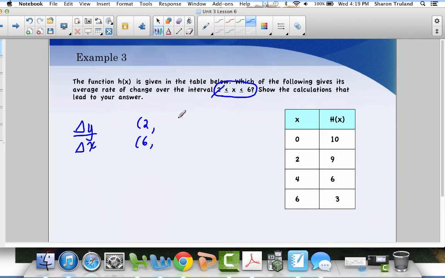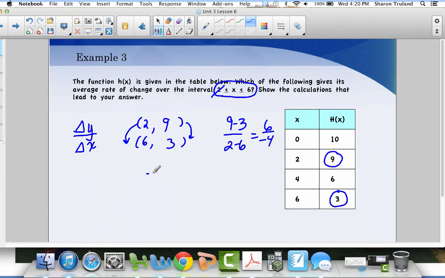So now from this chart, I can get my corresponding y values. 2 is 9 and 6 is 3. All right, so my y's, it doesn't matter which way I go, I'm going to go this way. 9 to 3, so 9 minus 3, and I'm going to follow the same way. 2 minus 6. 9 minus 3 is 6, 2 minus 6 is -4. So my rate of change is -3 over 2.